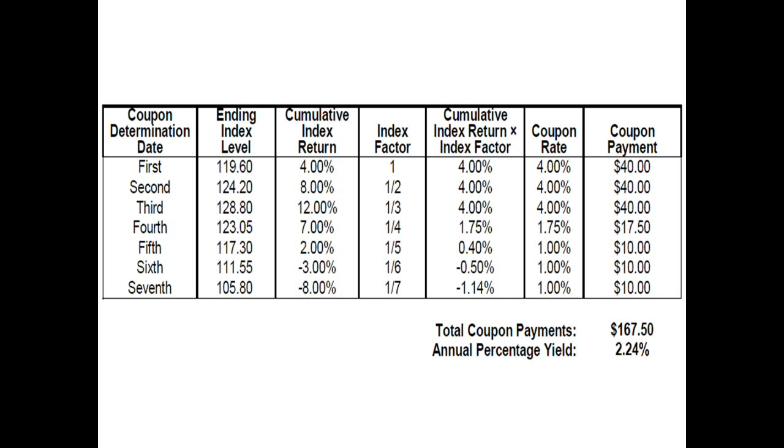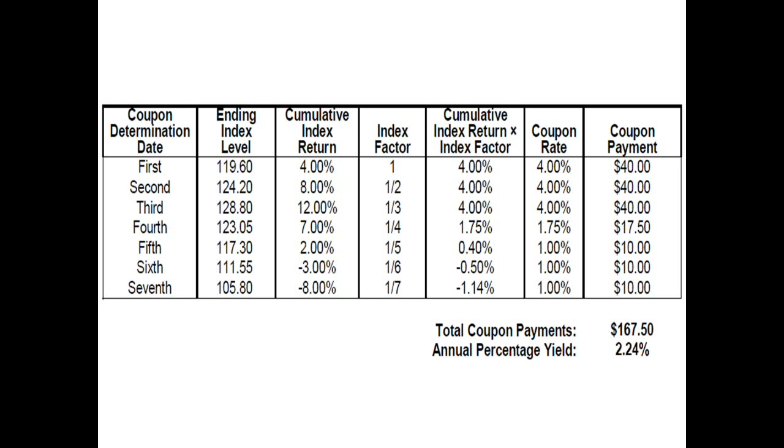So from the initial price to the end of the fourth year price, there's only a 7% total cumulative return. We would divide the 7% by the number of years, in this case 4, and so the return for that year would have been 1.75%, and the coupon payment, the interest payment, would have been 1.75% for that year.